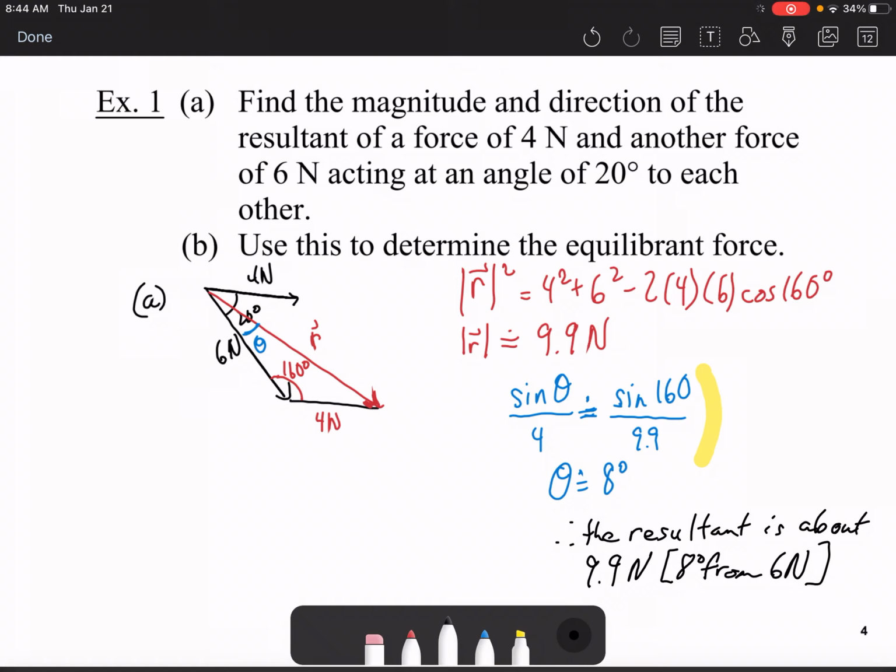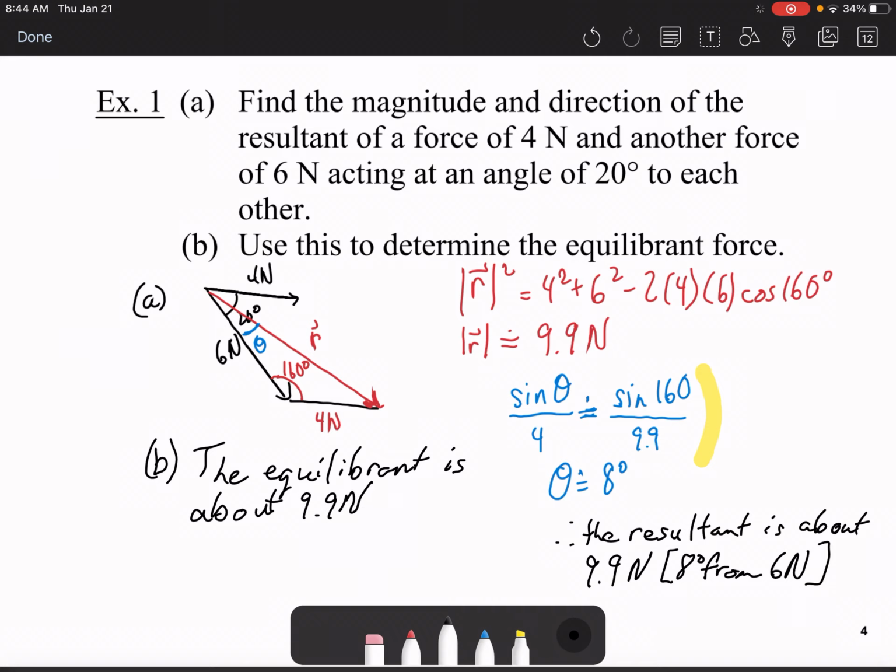Now, if we wanted to find the equilibrant force, how it compares to the resultant is it's the exact same size. So the equilibrant is about 9.9 newtons.